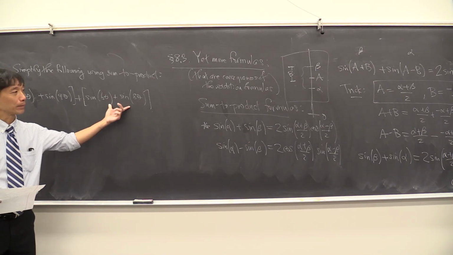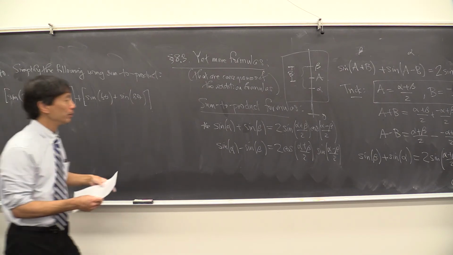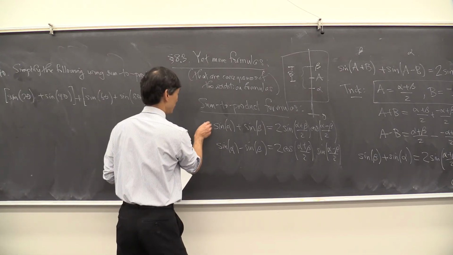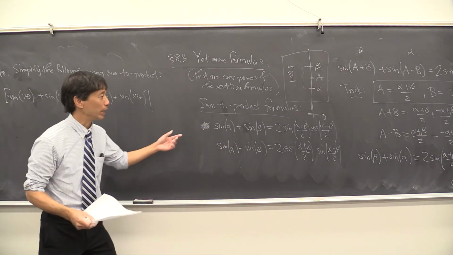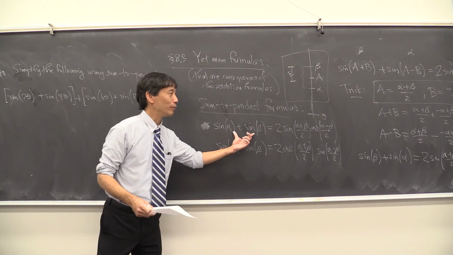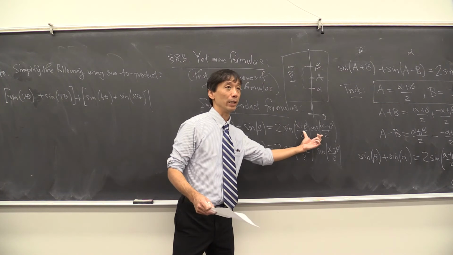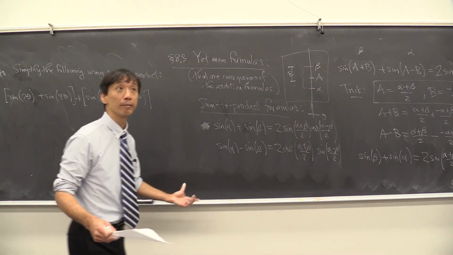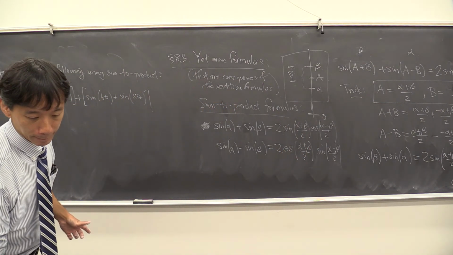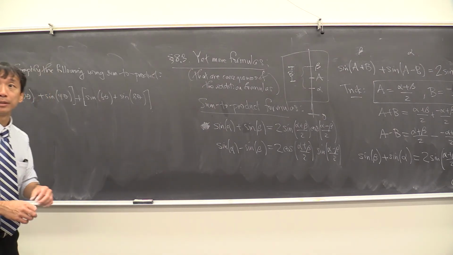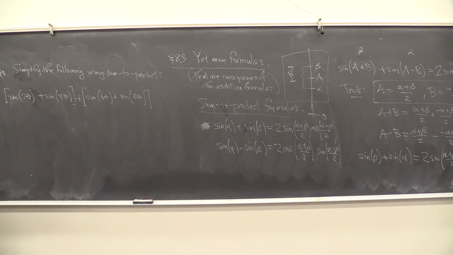So why don't you try it? We can use the formula that we just got, this first one, right? If you have a sum of sines, you can turn it into a product of sine against cosine. Work on it for a minute or two, and then we'll talk about it together.